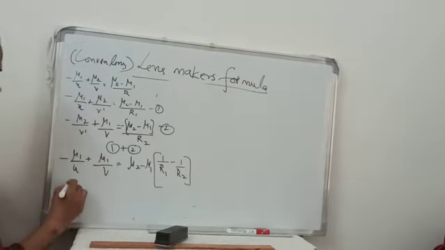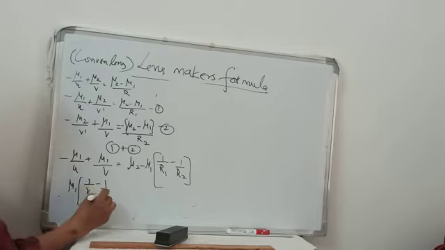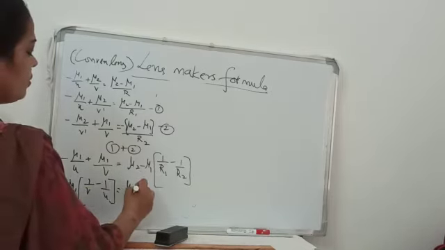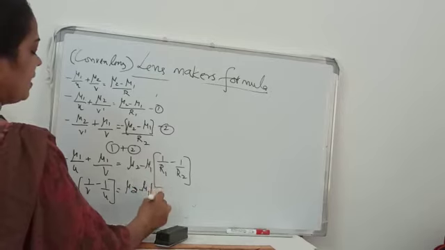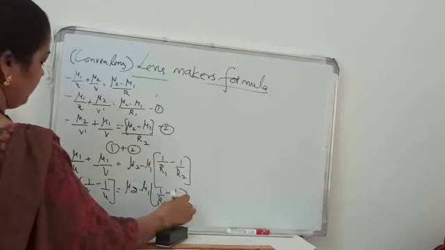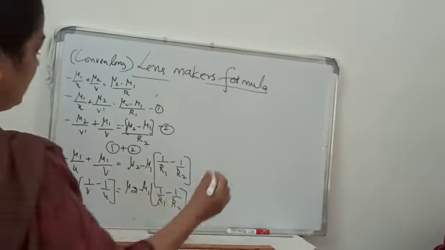Let me take this mu1 outside. I can write this as 1 by v minus 1 by u equal to mu2 minus mu1 into 1 by r1 minus 1 by r2. Or let me bring this mu1 here.